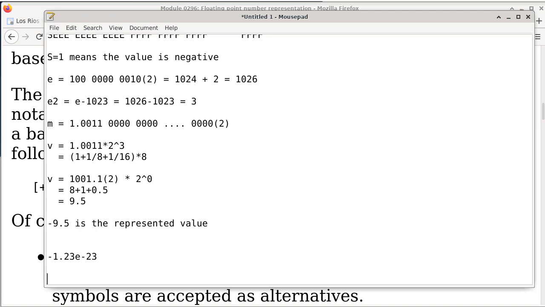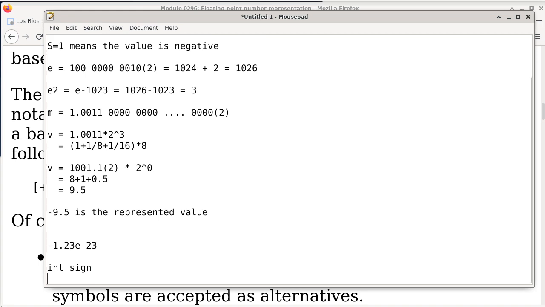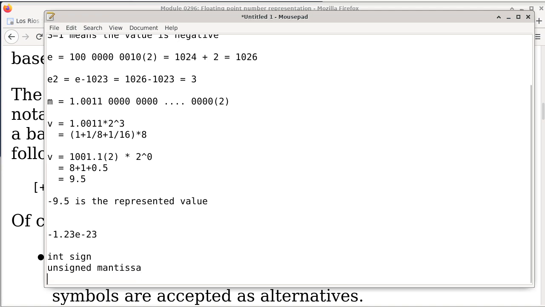So if you keep it, by 10, right, we can use one integer for the sign. We can use another integer for the mantissa. Well, this one can be unsigned now because the sign is already taken care of using another member. So we have an unsigned for the mantissa, and then we have a signed integer for the exponent. Does that make sense?